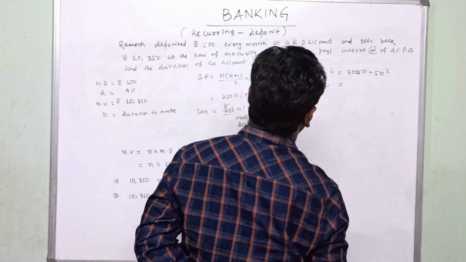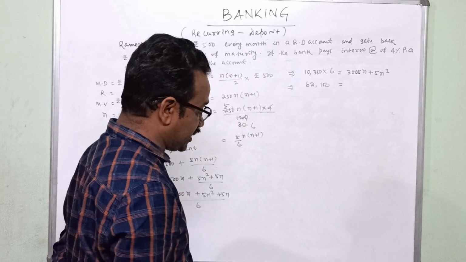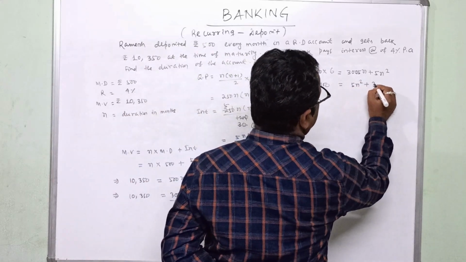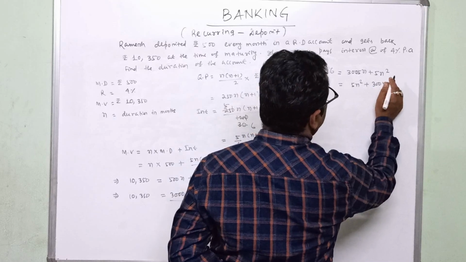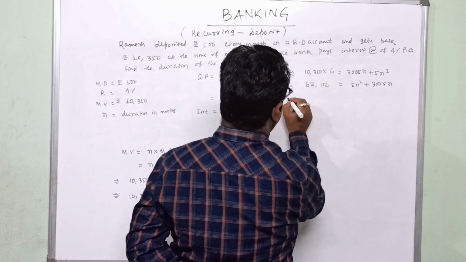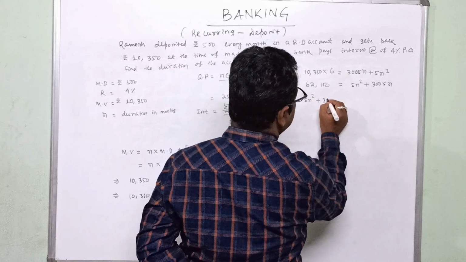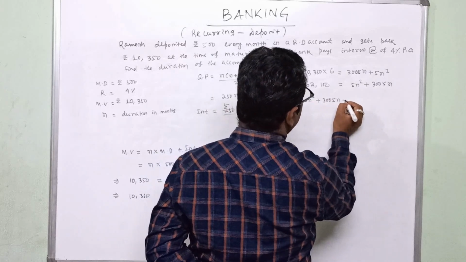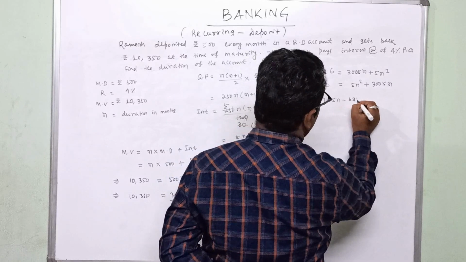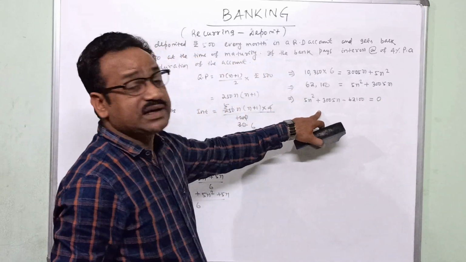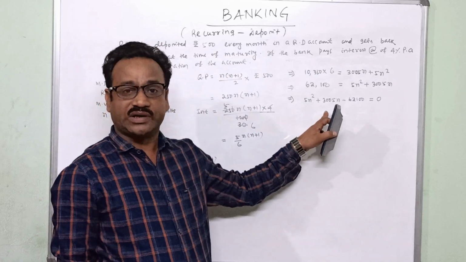That implies 62,100 is equal to 5n square plus 3005n. That implies 5n square plus 3005n minus 62,100 is equal to 0, which is in the form of a quadratic equation.